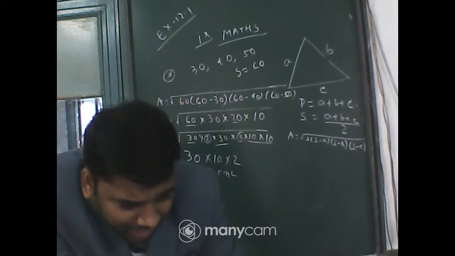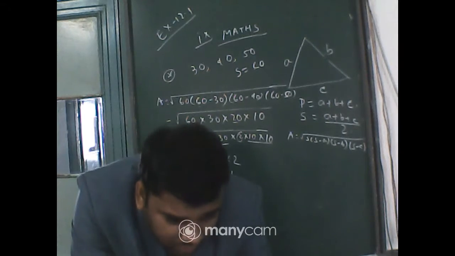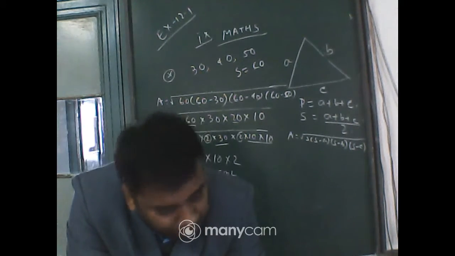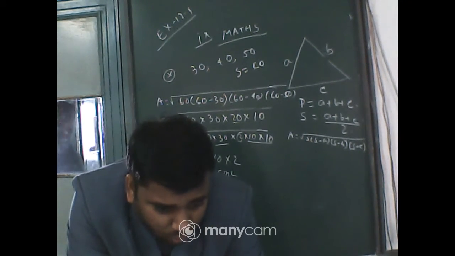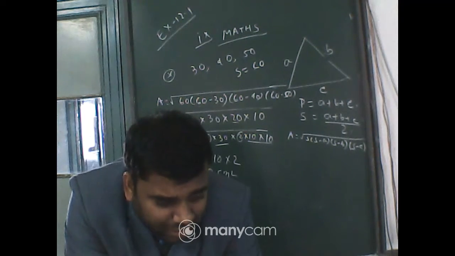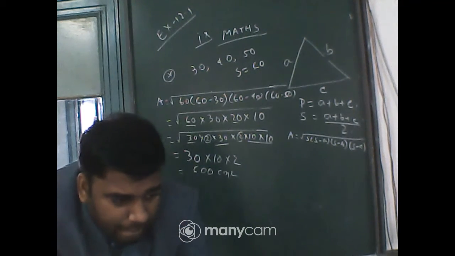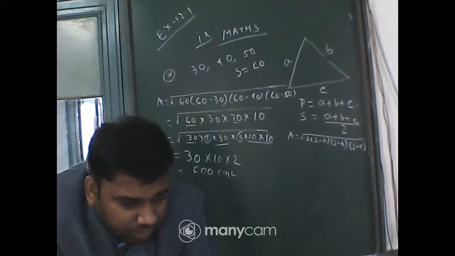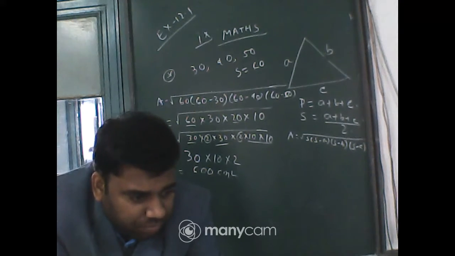From here we can derive the Brahmagupta formula. So got that question? It is clear to everyone?